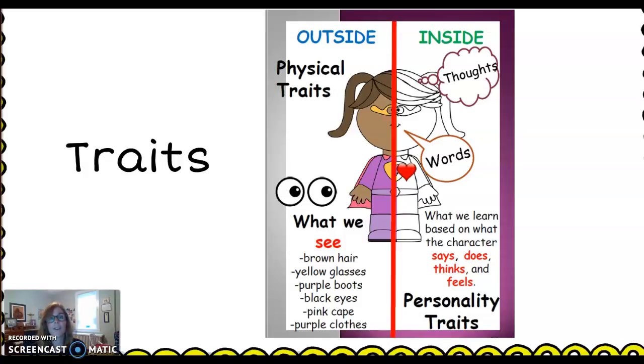For instance, if you are really surprised about something, I could probably tell from the look on your face, or maybe even the sound you make, or you might say, oh, wow, and I would know. So traits can be things about a character on the outside and the inside. So be on the lookout for those in our story today.